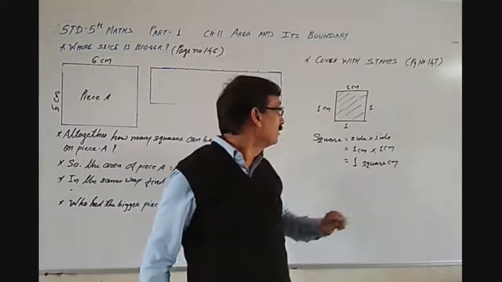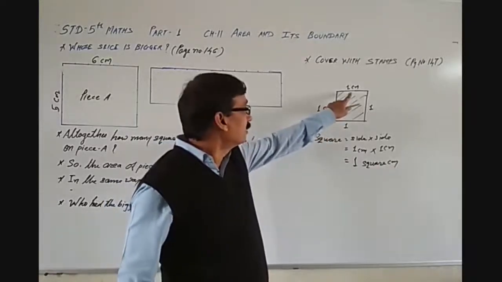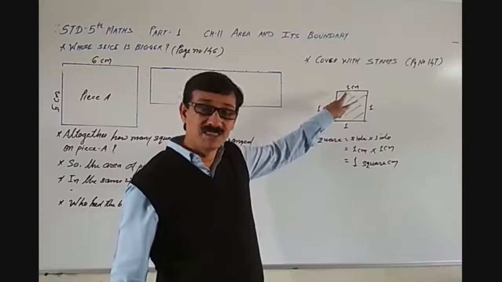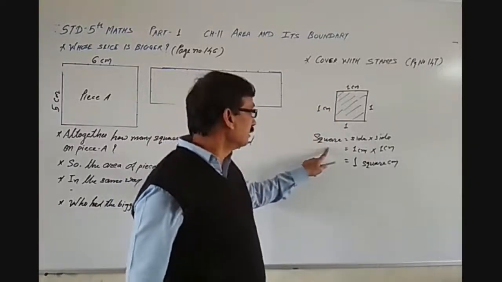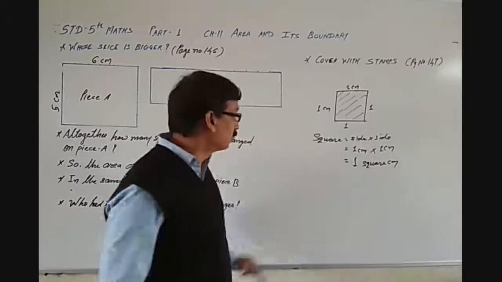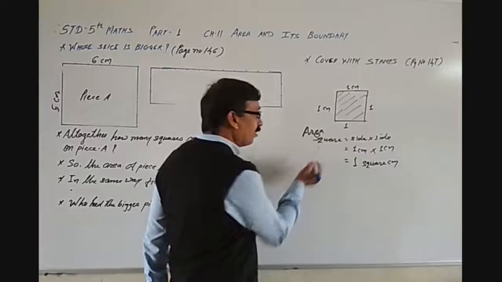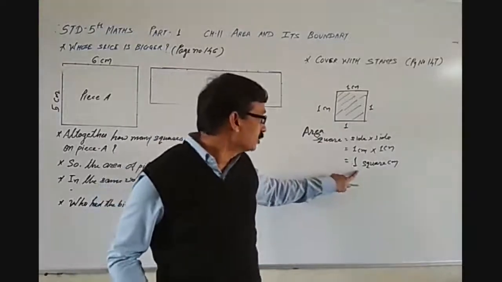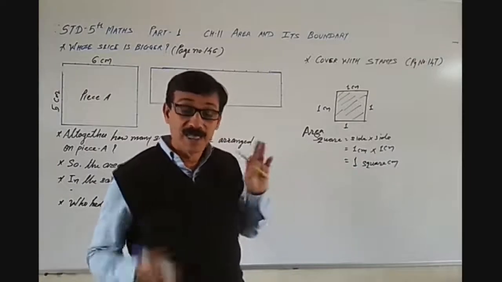So the area of this square having 1 centimeter on each side is 1 square centimeter. Remember that.